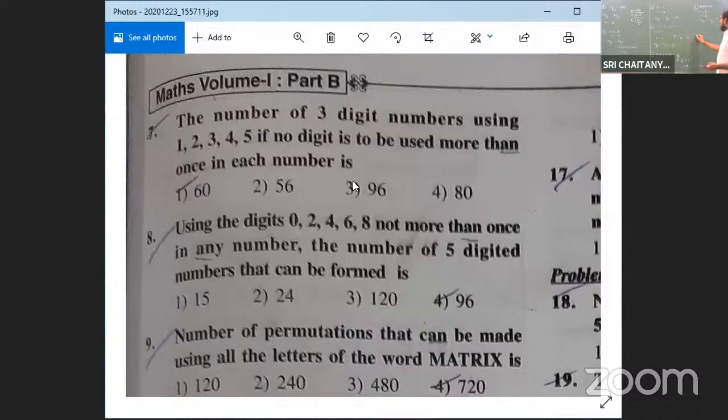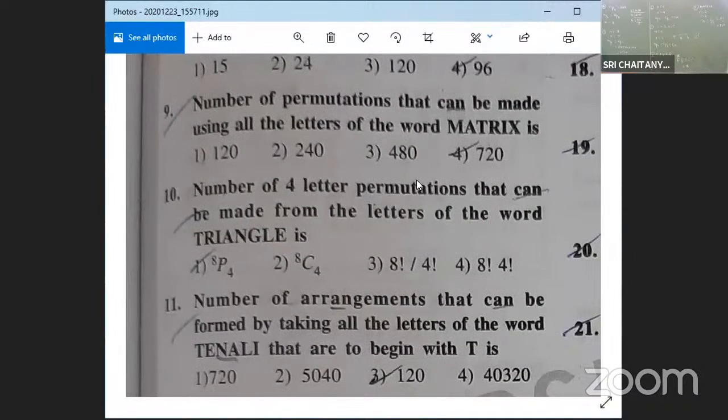I hope you understood my point, and observe the 10th problem on the screen. Number of 4-letter permutations that can be made from the letters of the word TRIANGLE. The word triangle consists of 8 letters. In those 8, no letter has been repeated.